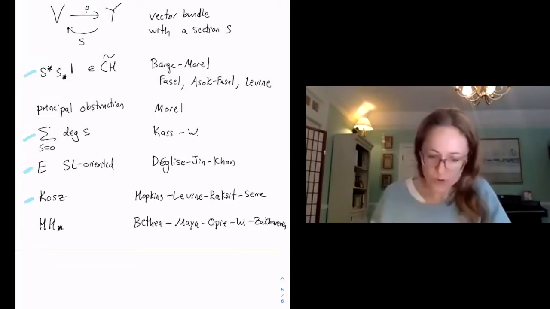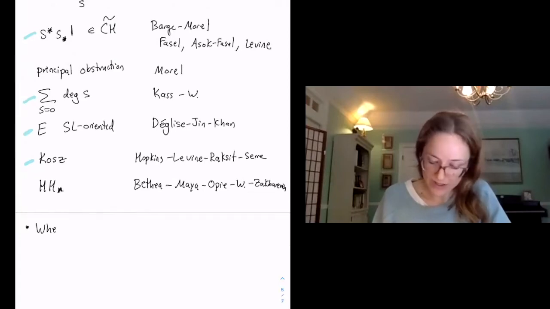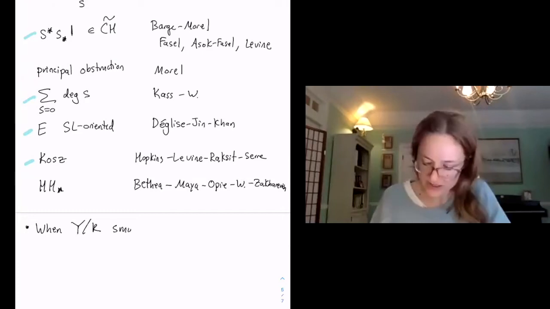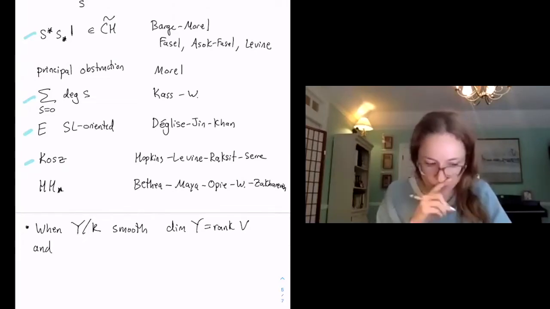For moving forward with the story, let's summarize this by saying when Y over k is smooth, the dimension of Y is the rank of the bundle, and V is a generalization of orientable called relatively orientable.